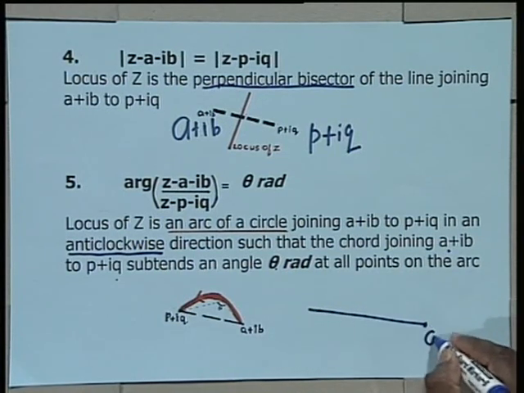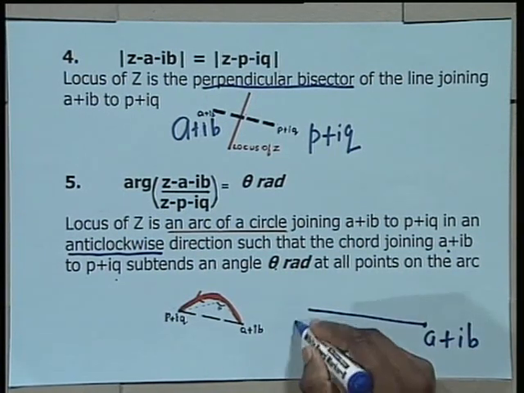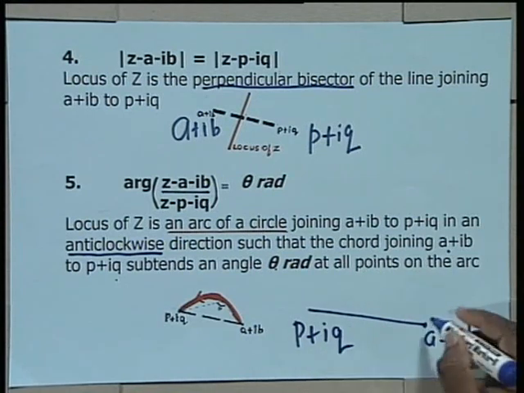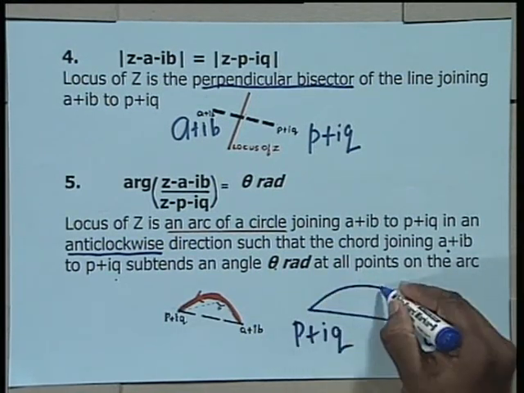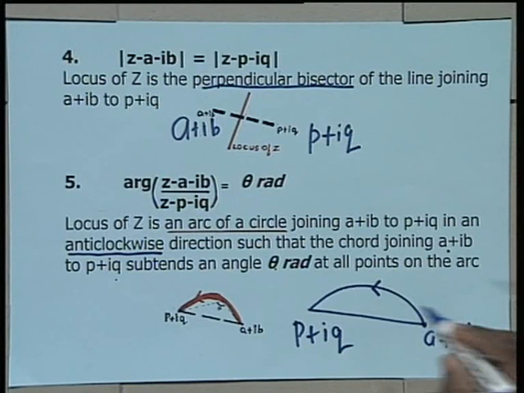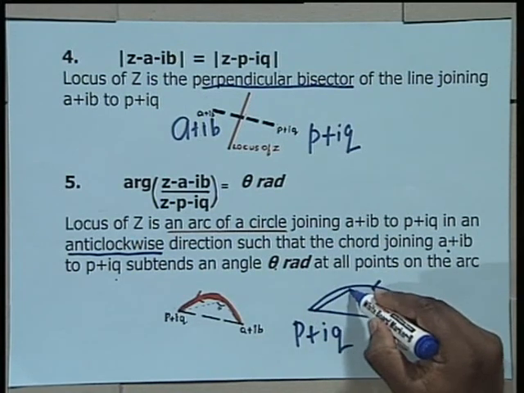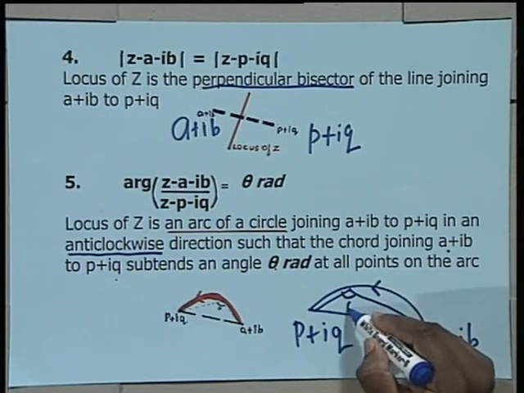So that if you have a plus ib, p plus iq, then the locus will be an arc of a circle such that the chord subtends an angle theta.